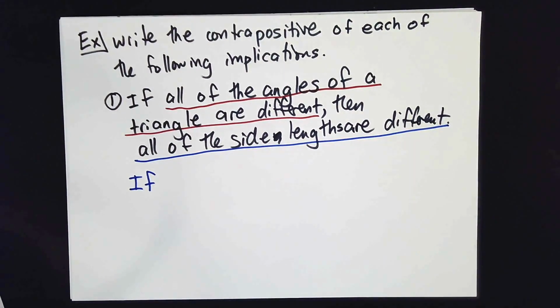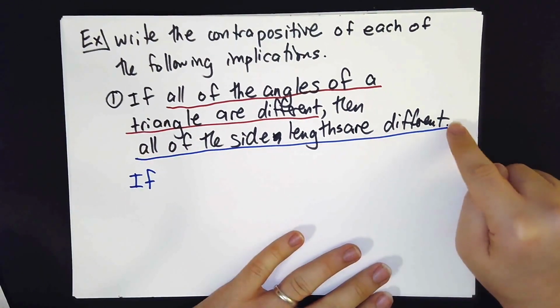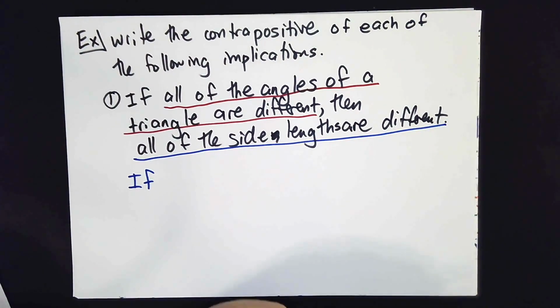How many ways are there for the statement all of the side lengths are different to be false? Well, it could be false because all of the side lengths are the same, but it could also be false because two of the side lengths are the same. And so there are a few ways I could write down the negation of this, and here's how I would do it.